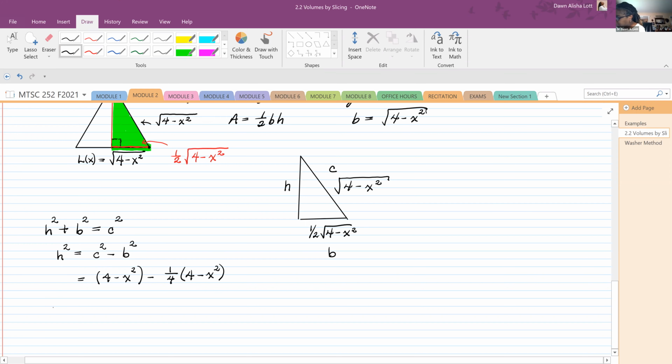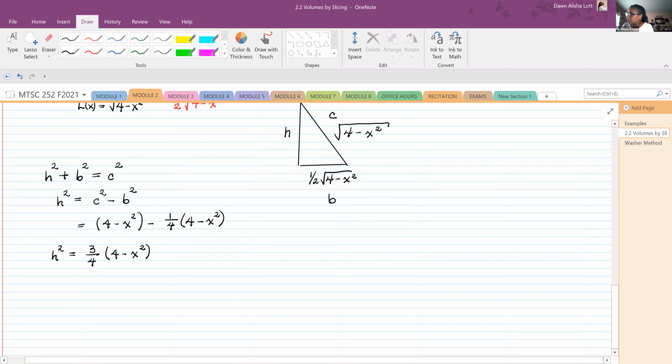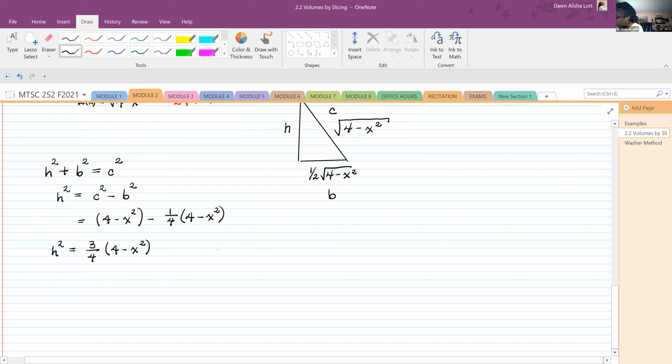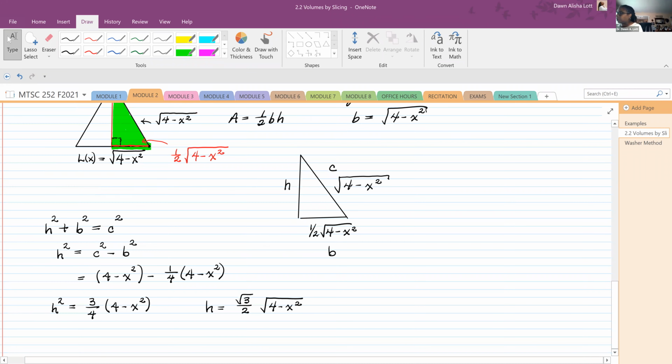So I can see now that h squared is 3/4 times 4 minus x squared. So now I know h. h is the square root of 3 over 2 times the square root of 4 minus x squared. So now I know the height.